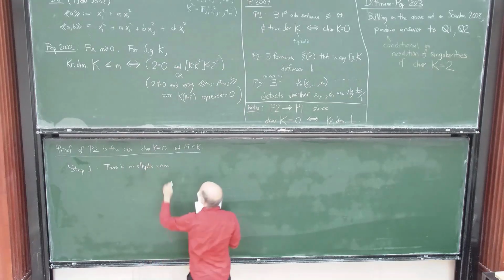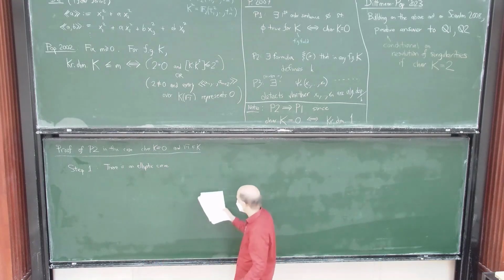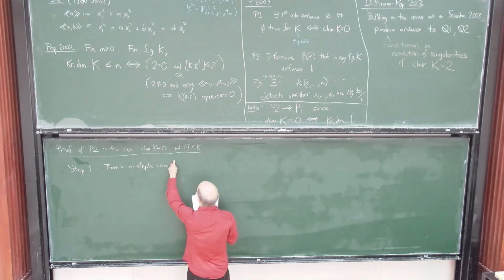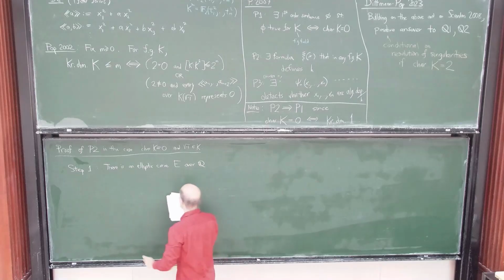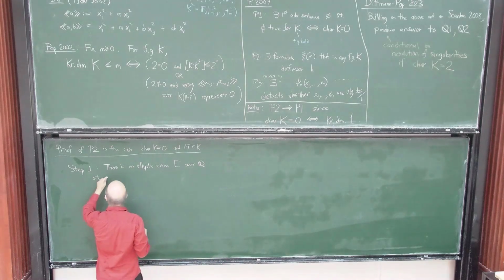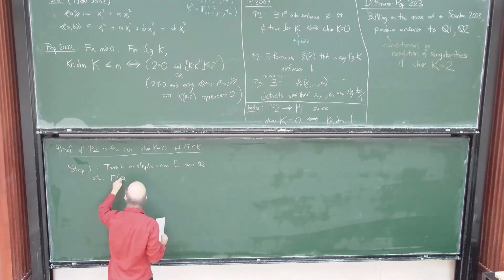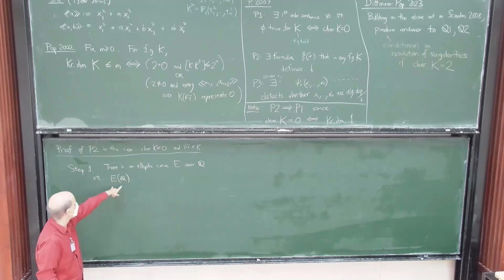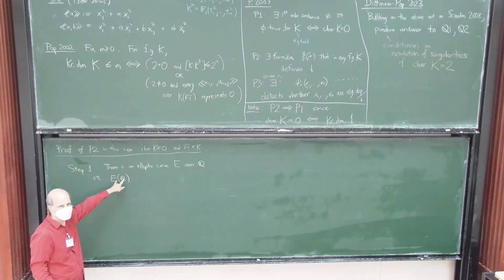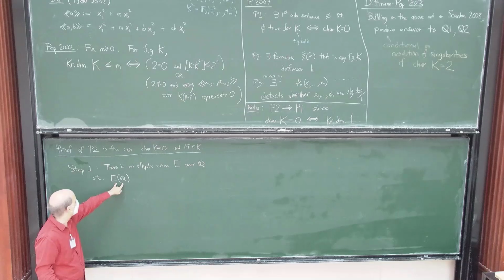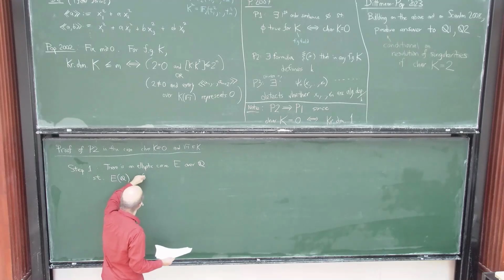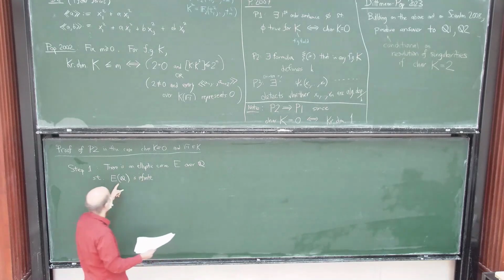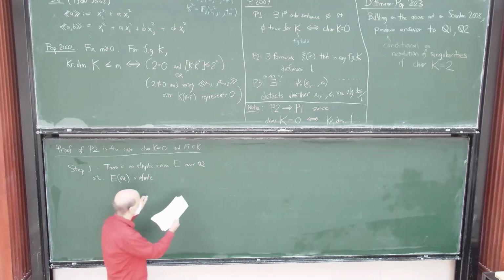I'm fixing this finitely generated field, capital K. And I want to say there's an elliptic curve over Q such that the group of rational points, which in general is known by Mordell's theorem to be a finitely generated abelian group, is not a finite group. Sometimes it's finite, but I want it to be infinite.